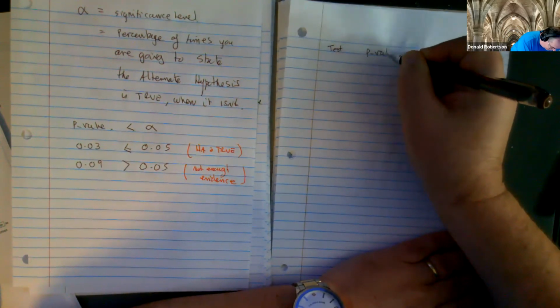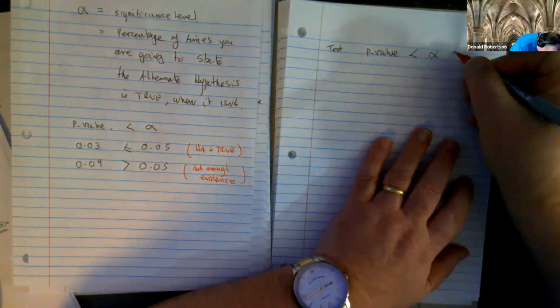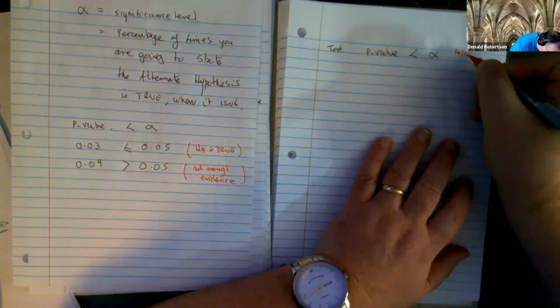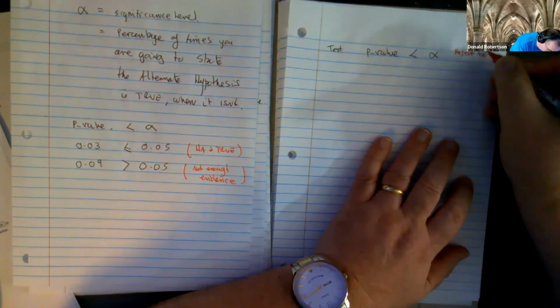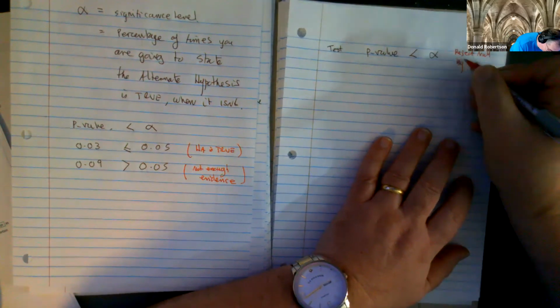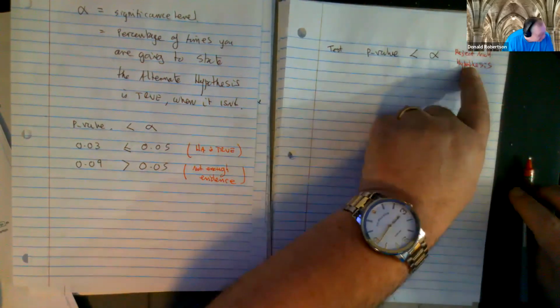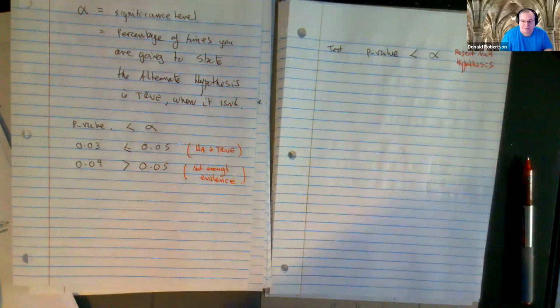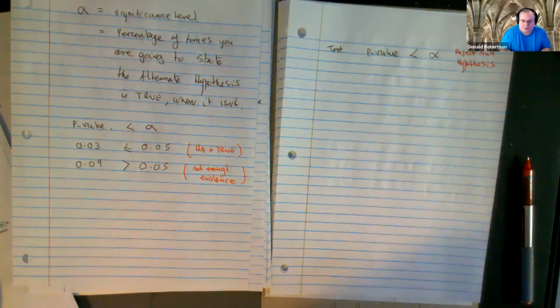If your p-value is less than alpha, then you can reject the null hypothesis. Rejecting the null hypothesis is the same thing as saying the alternate is true. Right? You just got to remember that there's more ways to say the thing.